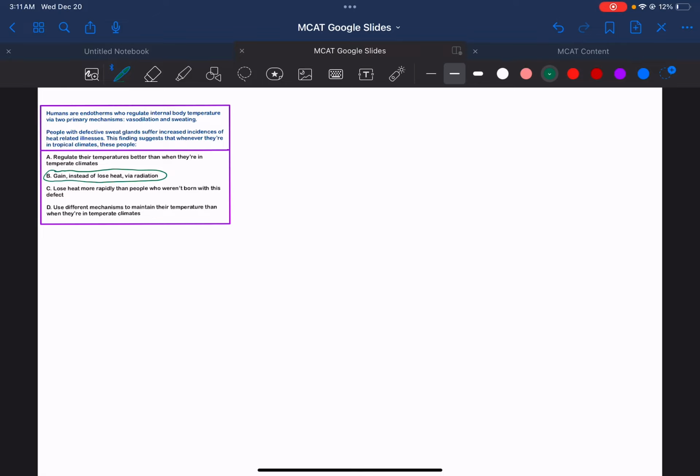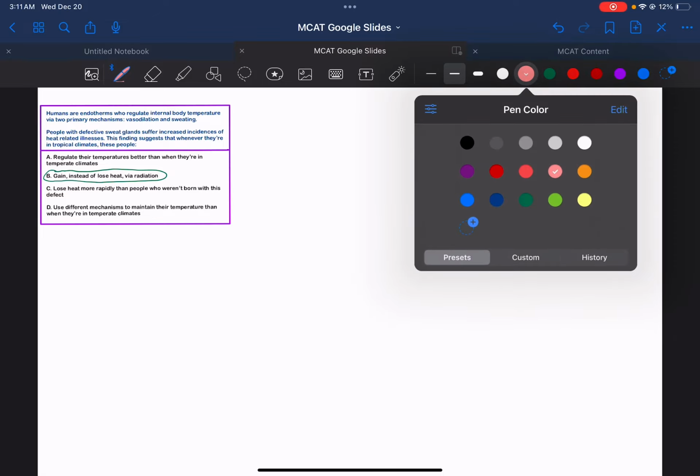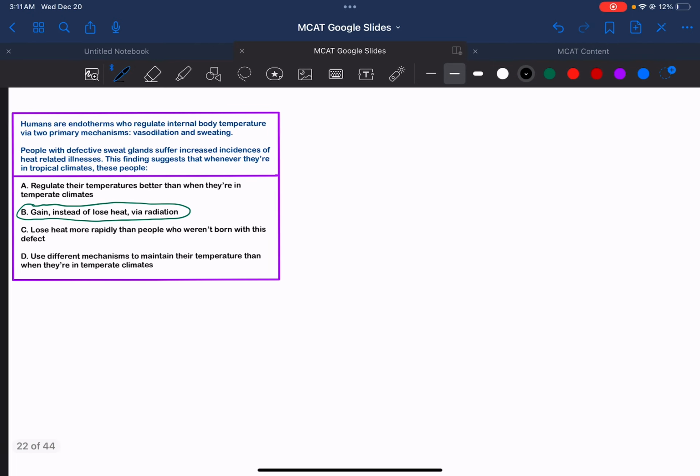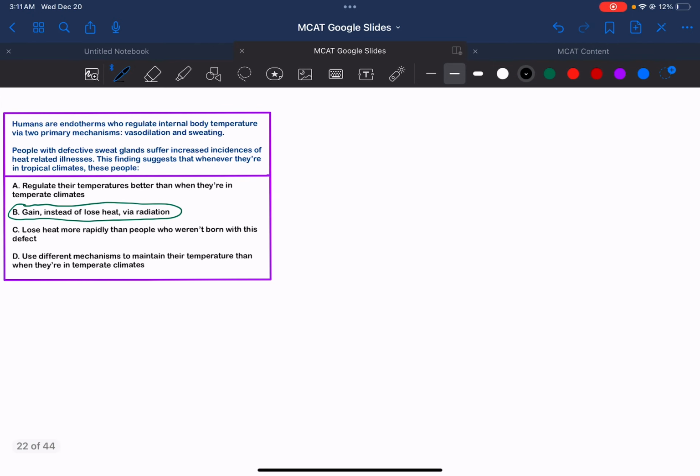So, I believe the first thing that you need to bring into the question, your background knowledge, is the difference between an endotherm and an ectotherm.